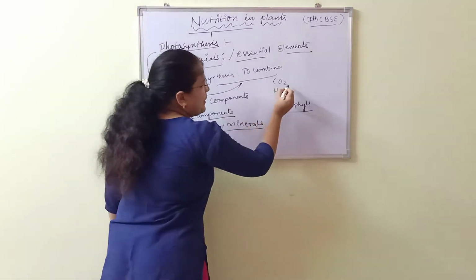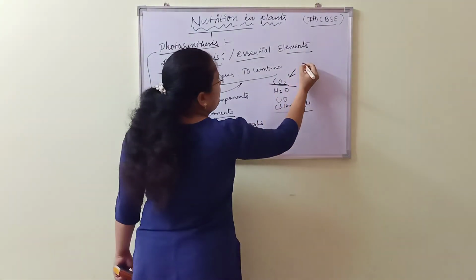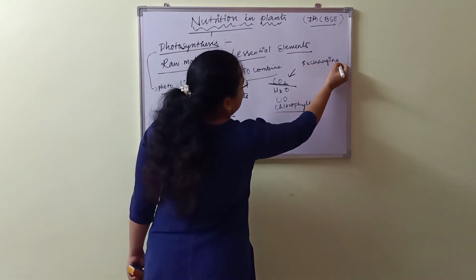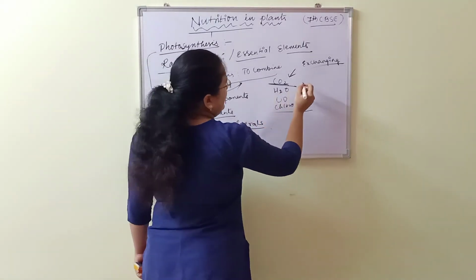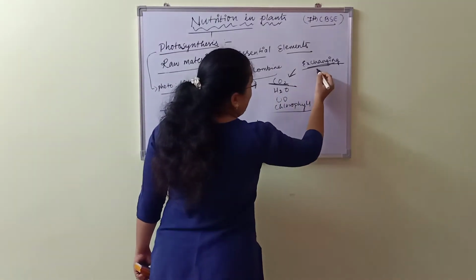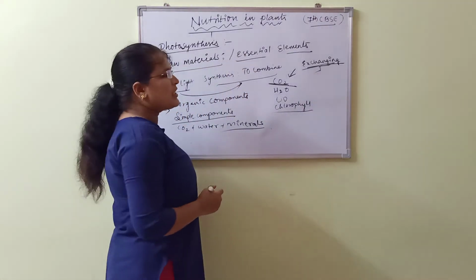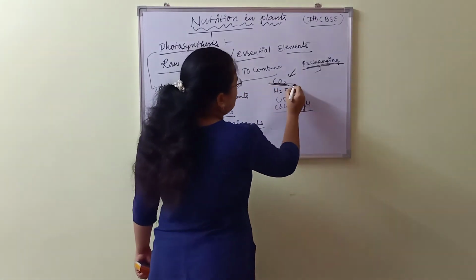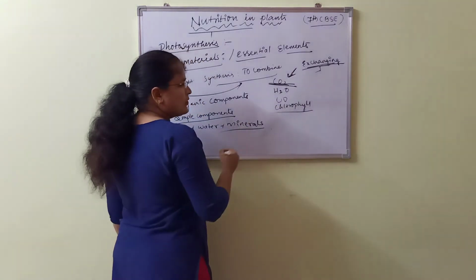Carbon dioxide, the leaf gains by the exchanging of gases. By the stomata, the exchanging of the gases takes place, and carbon dioxide is obtained by the leaf.